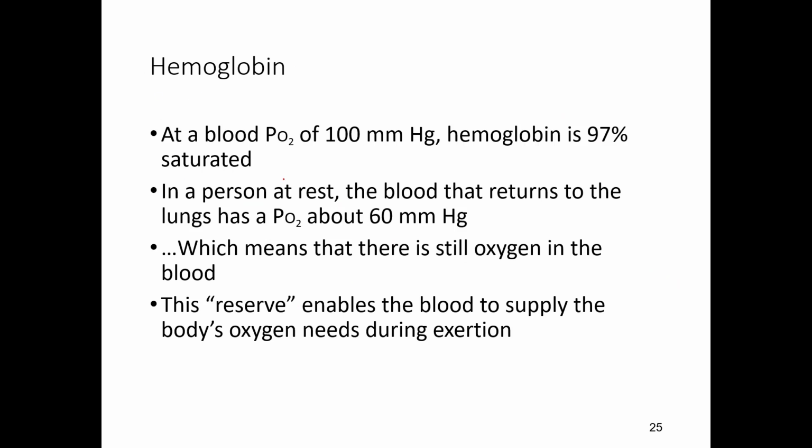Okay, so we talked about when the blood picks up oxygen at the lungs, it usually has a partial pressure of about 100 millimeters of mercury. And typically we're talking about something we call saturation, hemoglobin saturation. I don't know if you've ever been at the doctor. They put that little thing on your finger and it measures your oxygen. So they just put it on the outside of your finger.